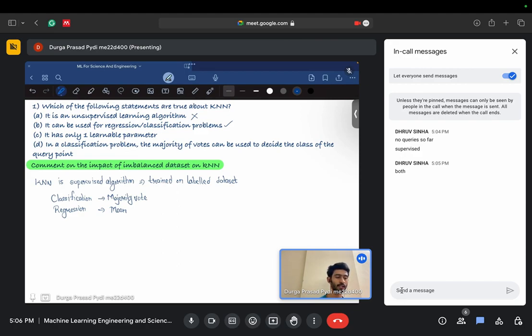And how many learnable parameters are there in KNN? We were calculating this for convolutional neural networks and fully connected networks, the number of parameters. So how many parameters are there in KNN? Basically, how many weights do you have to learn in a KNN?